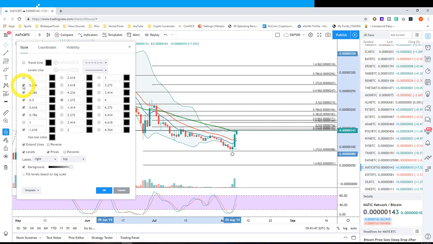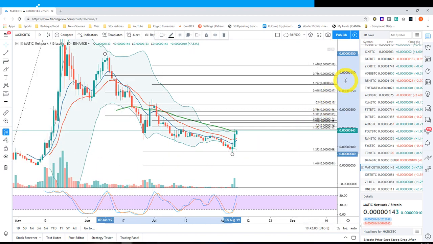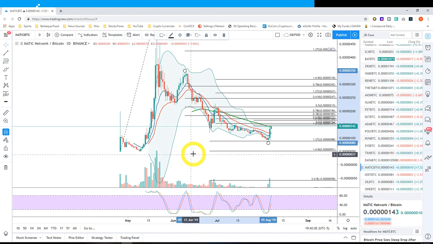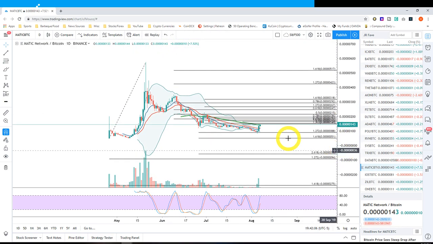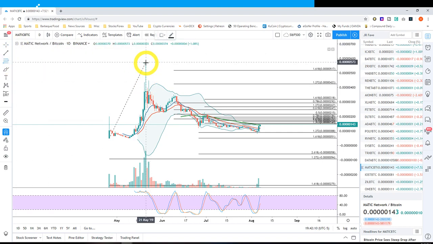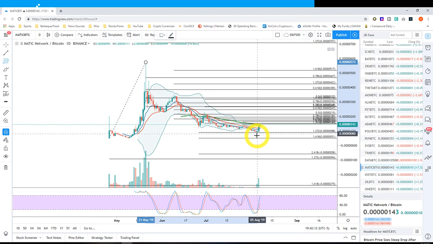Well, it's right on top of it, the 23.6, but I'm just going to take it out because it looks like it's pretty much gone through it. So that's that. And then if you really wanted to say that that's the absolute bottom, I just don't like this long wick right here. It really messes charts up, but anyway, we'll give it a shot.